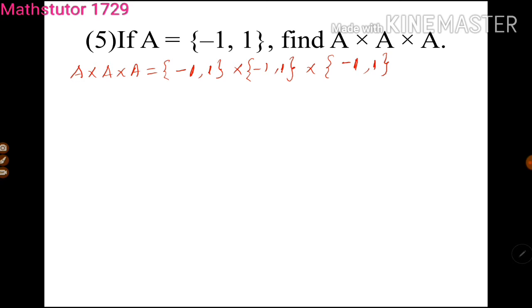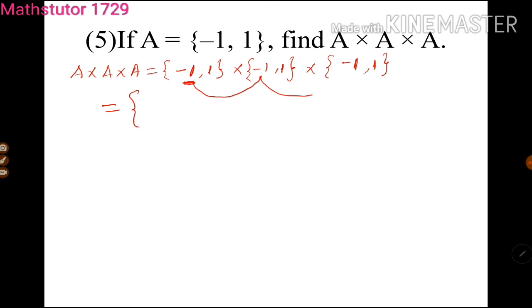Now make the ordered triplets here. Now fix the first element -1. Make the ordered triplets with the other 2 sets. Now this is the first one.